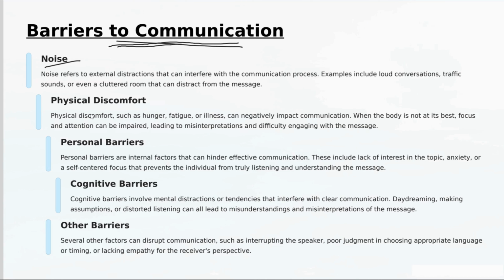right? Now we have physical discomfort, right? Physical discomfort is also very important because we are sitting in a class. Everyone is sitting in a class, and the class has to go on for about an hour and a half, but still you all are sitting.